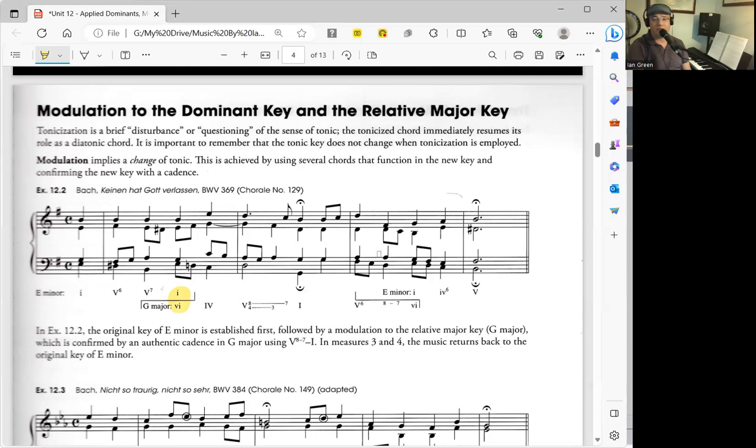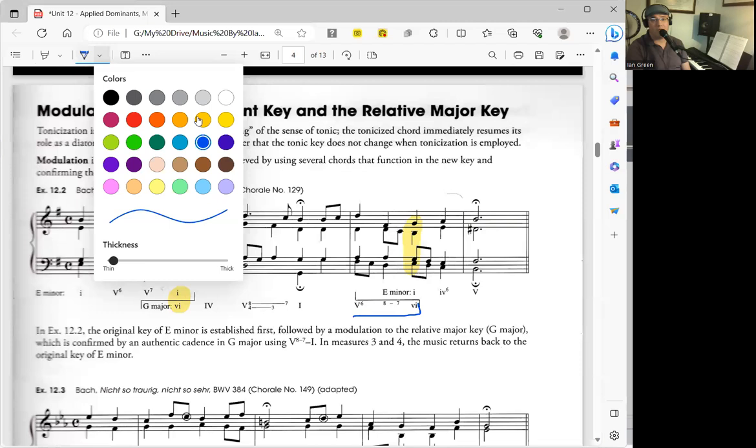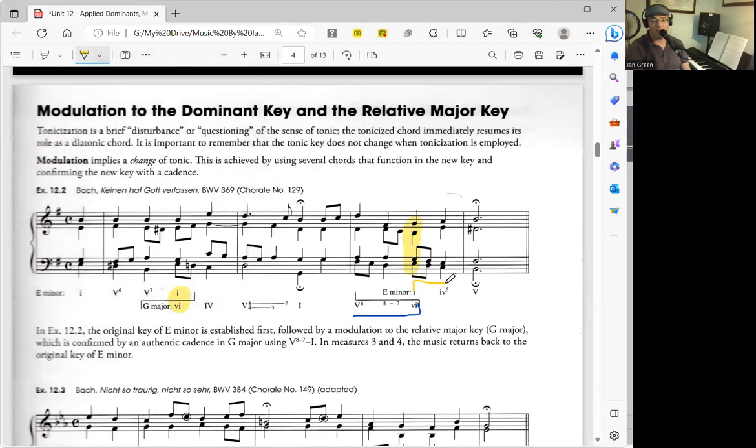Now, when we get to the next phrase, we're in the key of G major for a little while, and we can see how, again, we have a pivot chord here, where we have the highlighted yellow. In this case, we are staying in the key of G major all the way up to here. But then we change to the key of E minor for the rest of the example, starting from here.